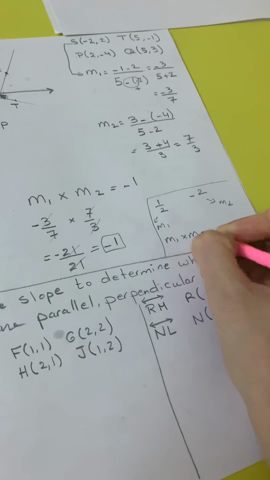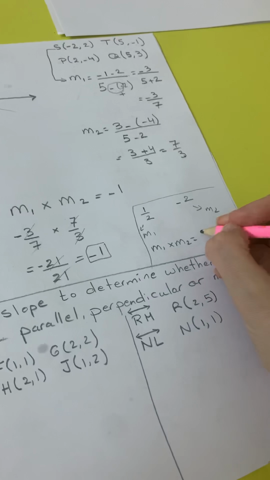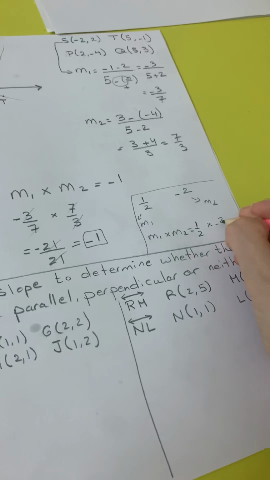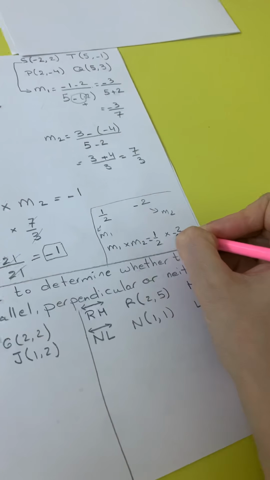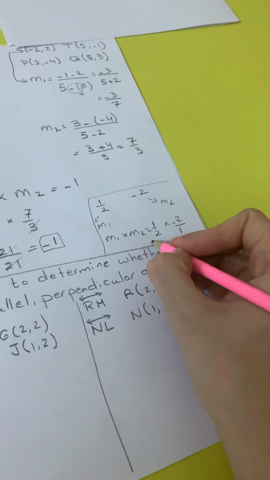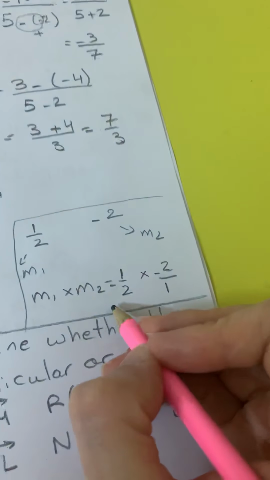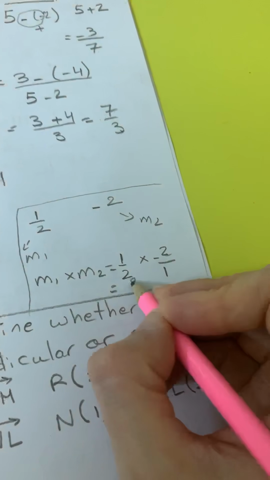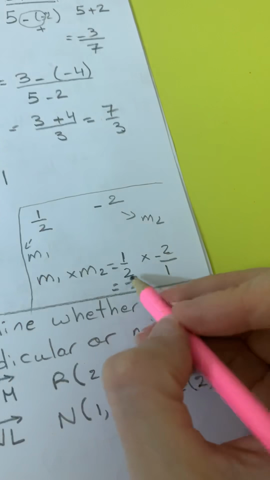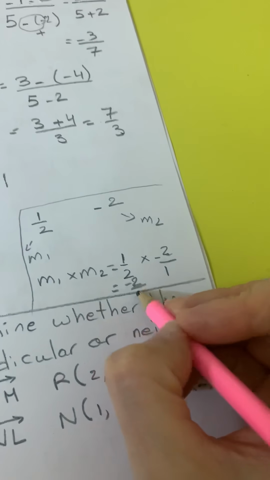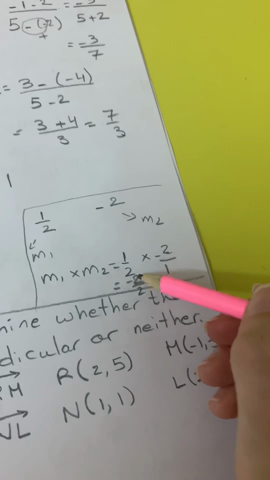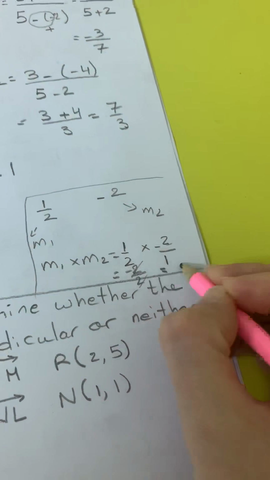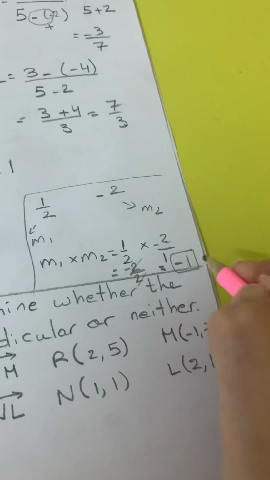Let's multiply them. M1 times M2 is equal to 1/2 times -2. Now I'll put -2 over 1, and it will be 1 times 2, which is 2 with a negative, and 2 times 1, which is 2. If you simplify 2 and 2, the answer is equal to -1.